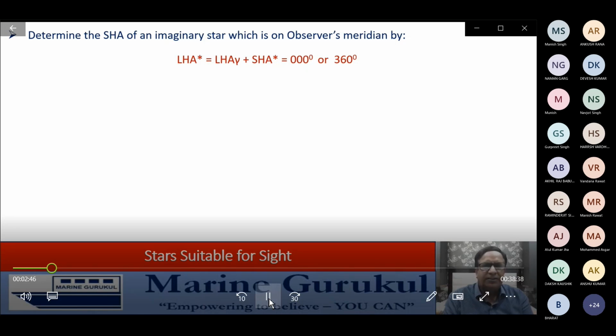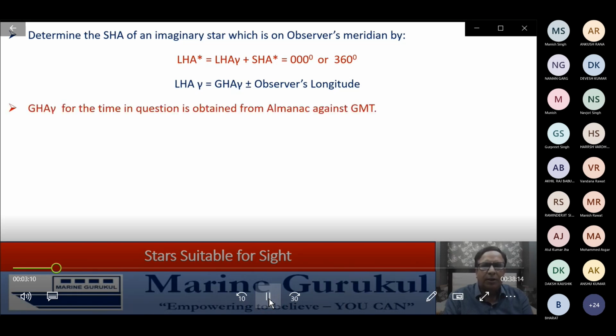We also know that LHA star is equal to LHA Aries plus SHA of the star. LHA Aries in turn is equal to GHA Aries plus or minus observer's longitude. Longitude east, GHA least; longitude west, GHA best. GHA Aries can be obtained from the nautical almanac against GMT.